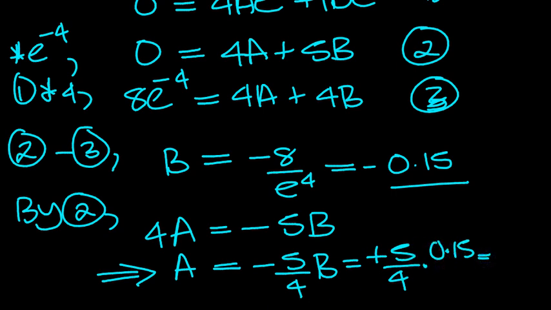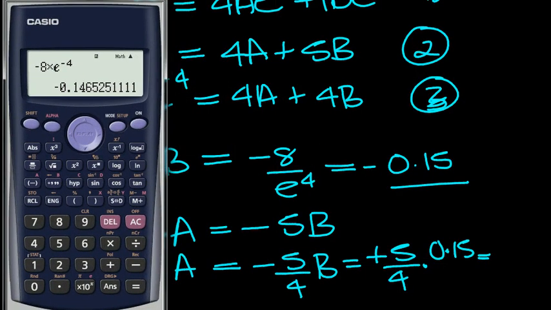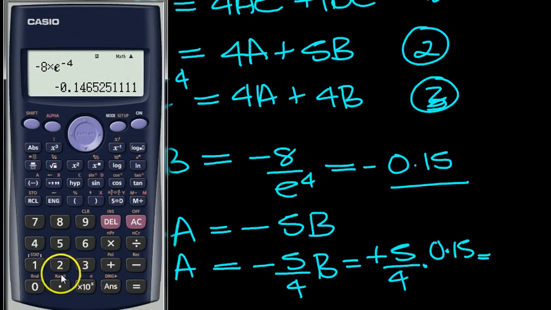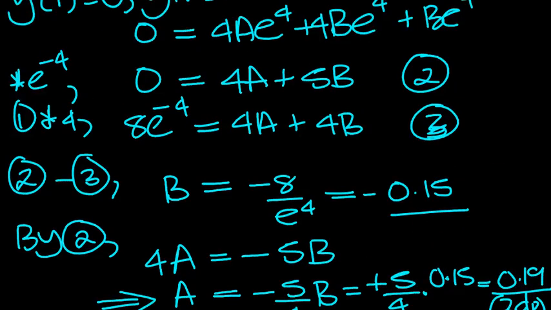Okay, let's type that in the calculator. 5 over 4, that's 5 times 0.15, and then divide that by 4. Equals 0.1875, so it's 0.19, isn't it? Because the 7 rounds the 8 up. So it's 0.19 to 2dp, and that was to 2dp too. So we know a and we know b. That's good.